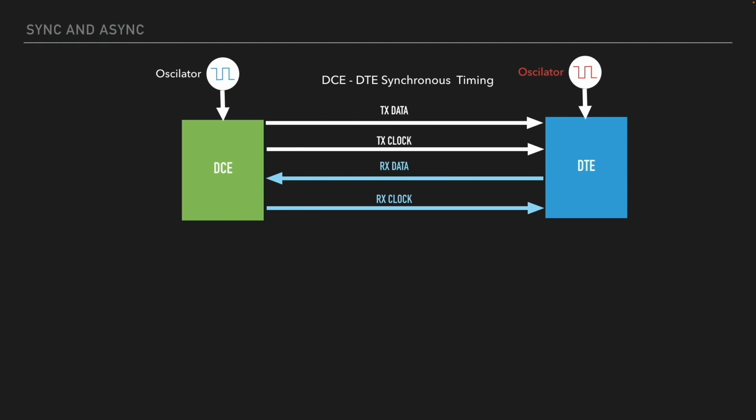The first example is a very old example where we had a data circuit equipment, for instance a modem, and a data terminal equipment that could have been the PC. And I know for most of you this is something from the far past, but that was a typical synchronous timing arrangement whereby the data circuit equipment, the modem, would provide a transmit clock to the data terminal, and it would also provide a receive clock to the data terminal.